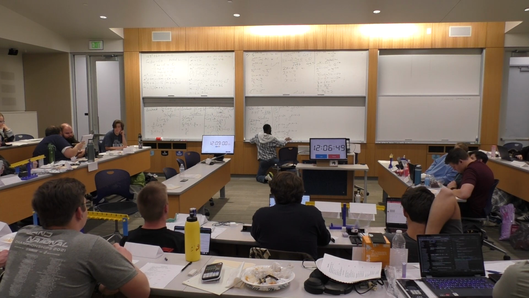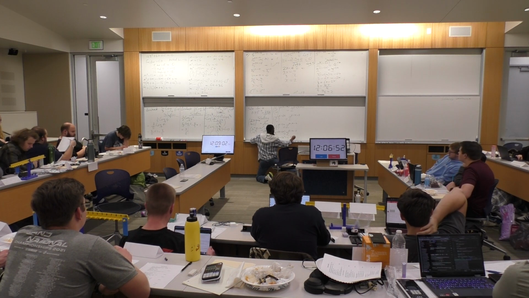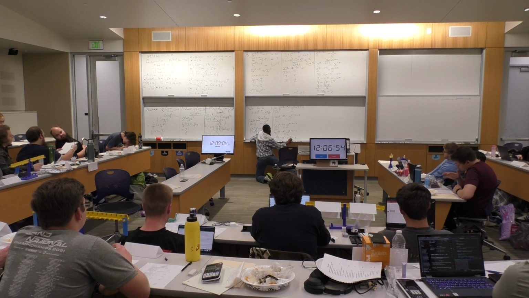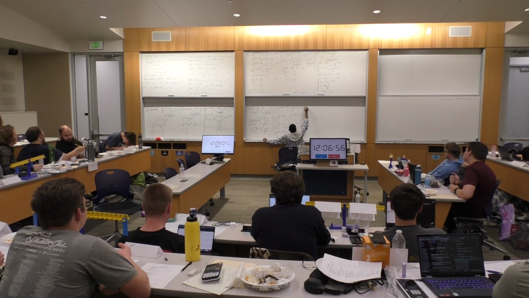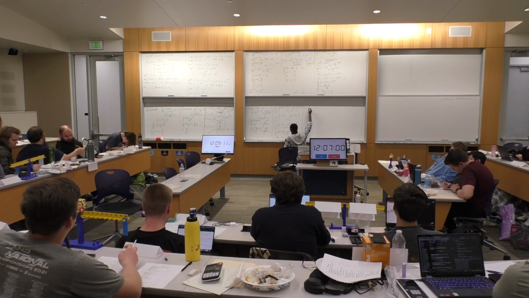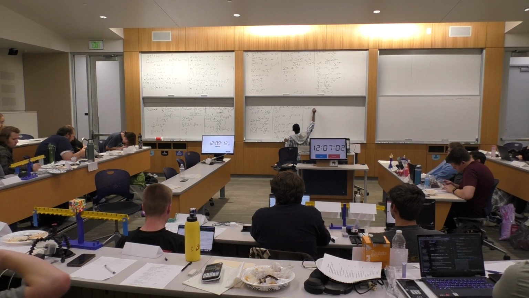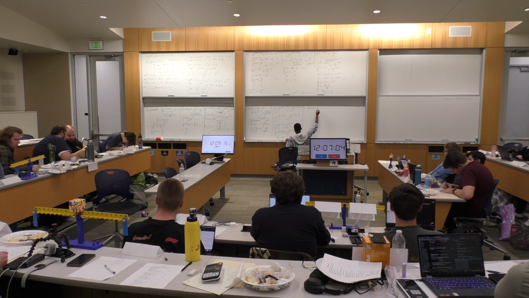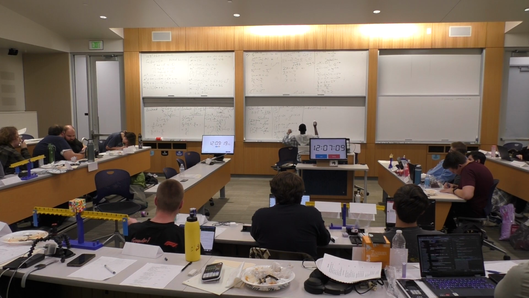Hence you have 5 negative x. Hence you have negative 4 positive 2x equals 5 minus x because multiplied.